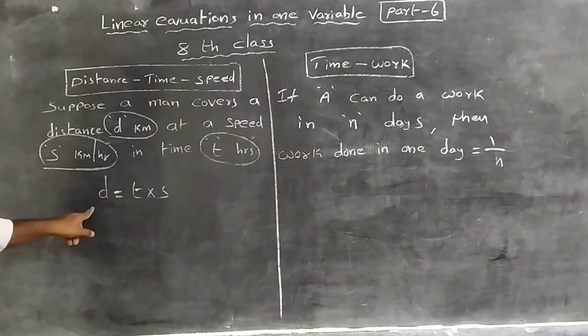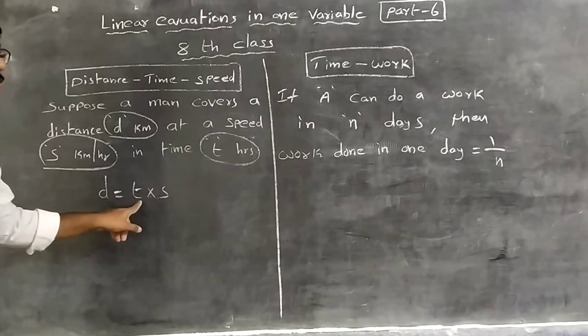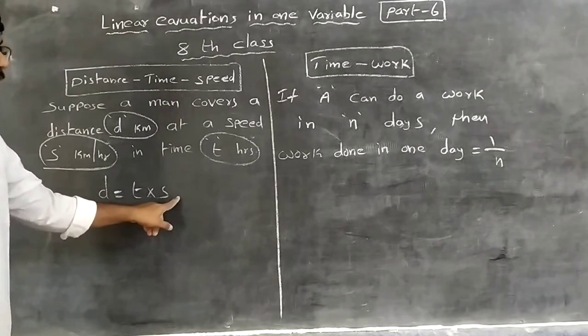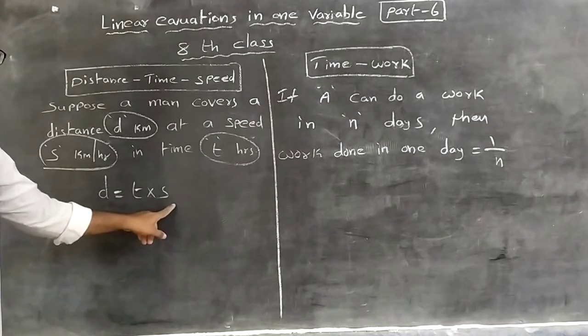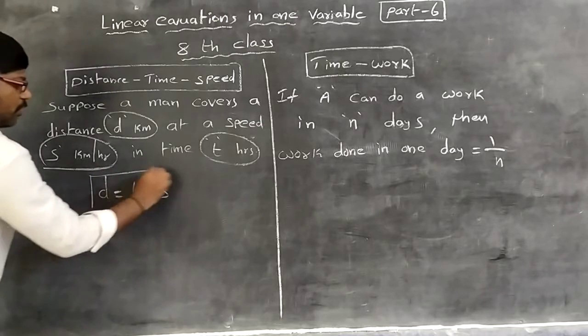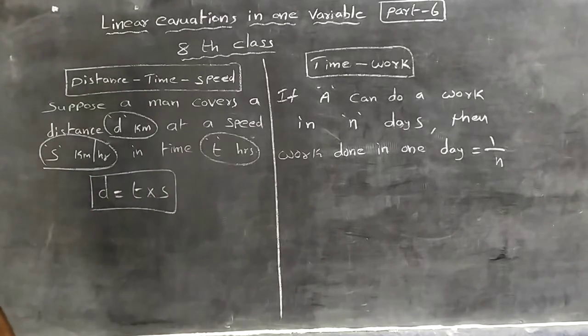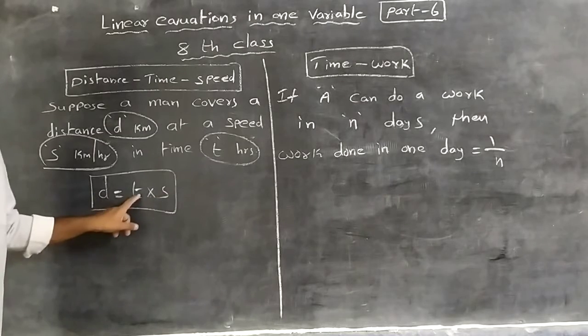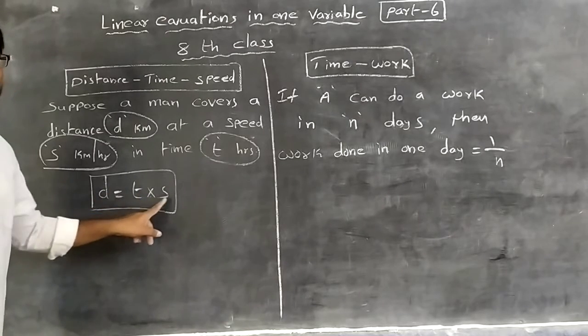Keep in your mind, this is a very important formula. So distance is defined as the product of time and speed. The product of time and speed gives distance, right? So d is equal to ts. We can remember it as dts, like we know in cinema wall posters, dts, d is equal to ts.